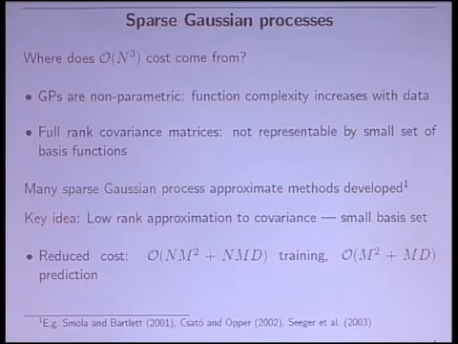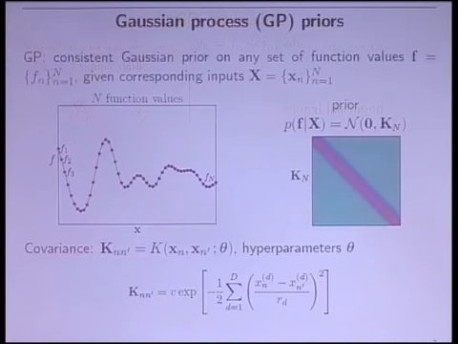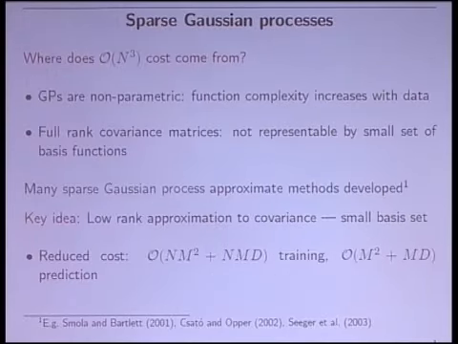And this non-parametric process naturally generates full rank covariance matrices. So this covariance matrix here is full rank, rank n, and can't be simply represented by some sort of small finite basis.